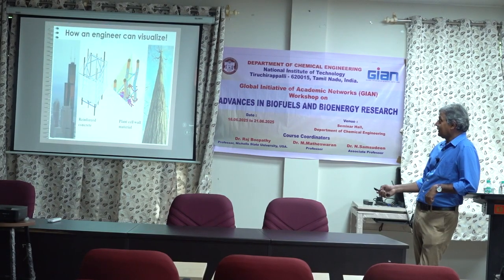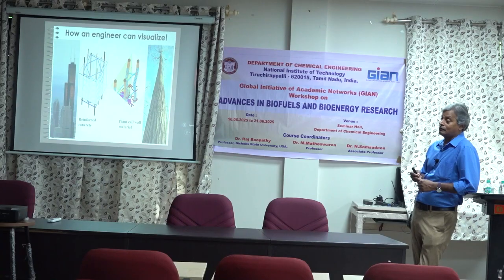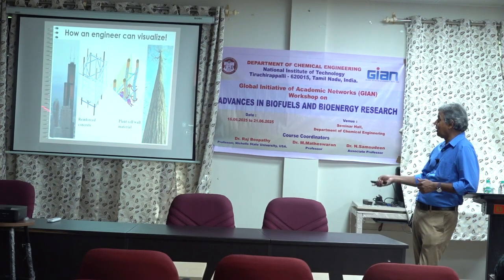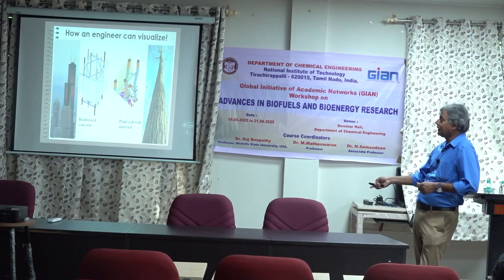So if you look at how this molecule is put together in plant, if you want to visualize it, it's like reinforced concrete. When you build a tall building, this is what you put to reinforce it, to make the building strong. You have these bars and you reinforce with concrete in between.